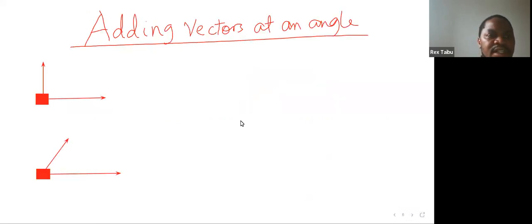Sometimes you have vectors that are acting at an angle. So for example, situation number 1, the vectors are acting at 90 degrees to each other. So what you do, you complete what we call a parallelogram like that. You transfer the longer vector up there, and you transfer the shorter vector like this.